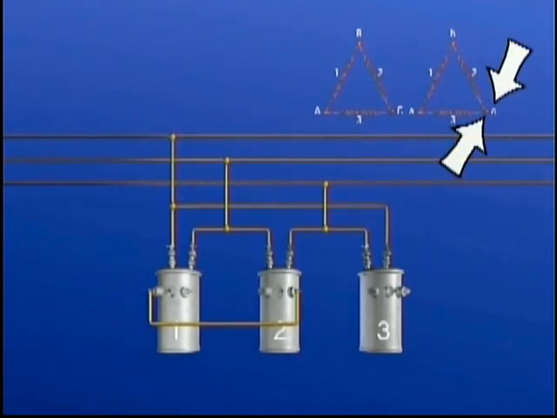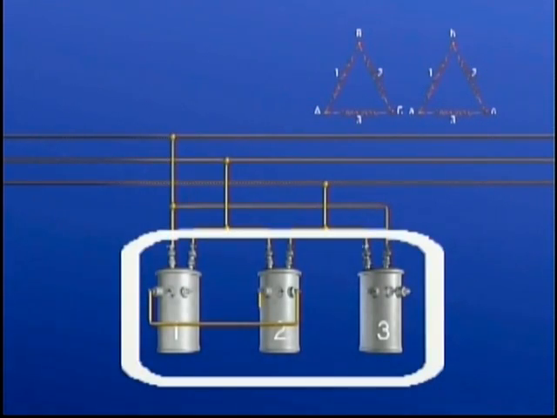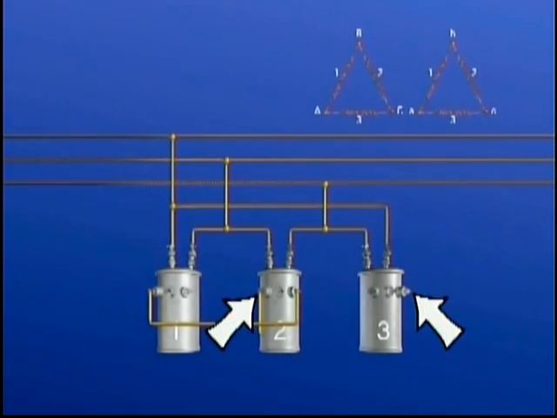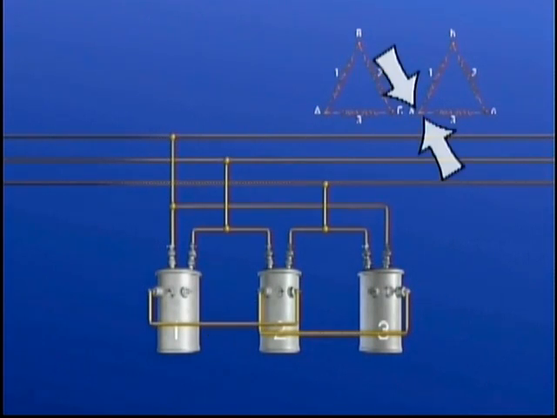The phasor diagram shows us that the other end of winding number 2 is connected to one end of winding number 3. On the transformer bank, this connection is made by installing a jumper between the X3 bushing of transformer number 2 and the X1 bushing of transformer number 3. To complete the secondary delta connection, the other end of winding number 3 is connected to the end of winding number 1.